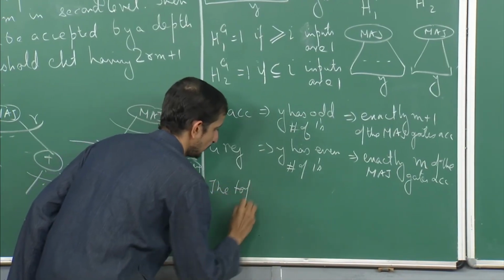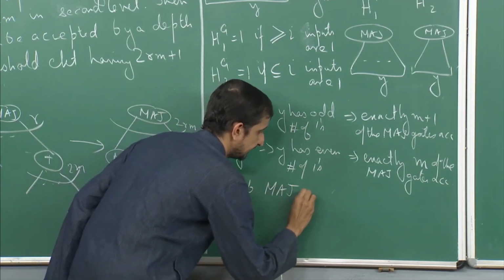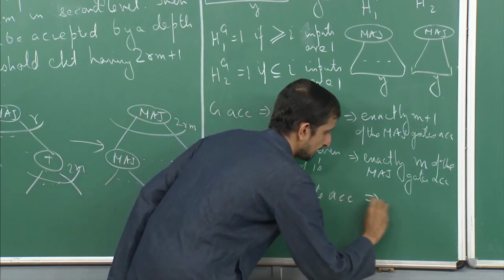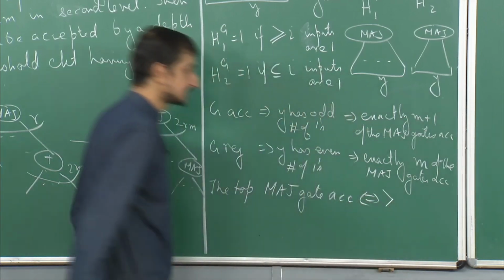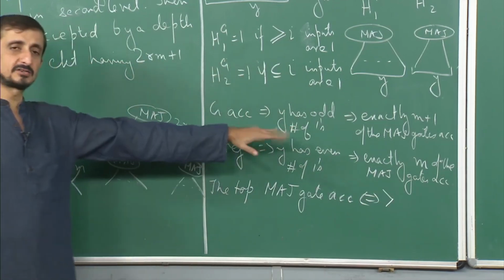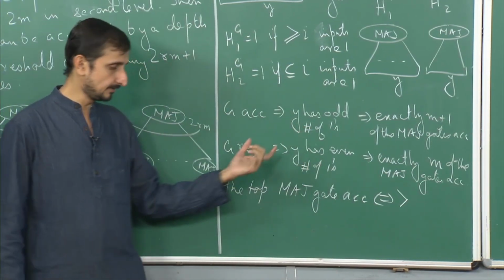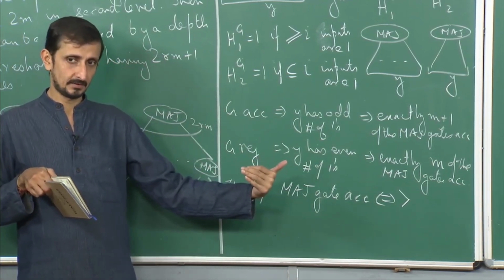The top majority gate accepts if and only if at least how many of these second level majority gates accept. So again, just think about it.